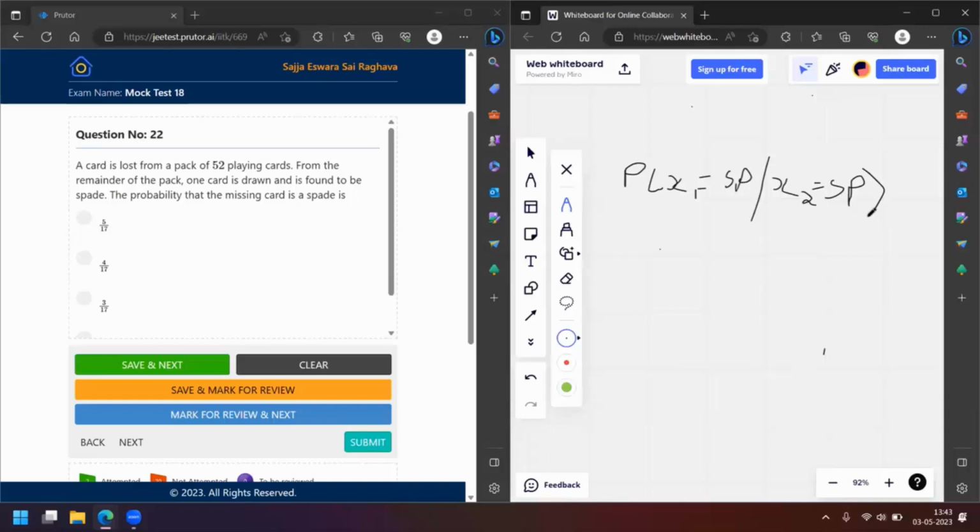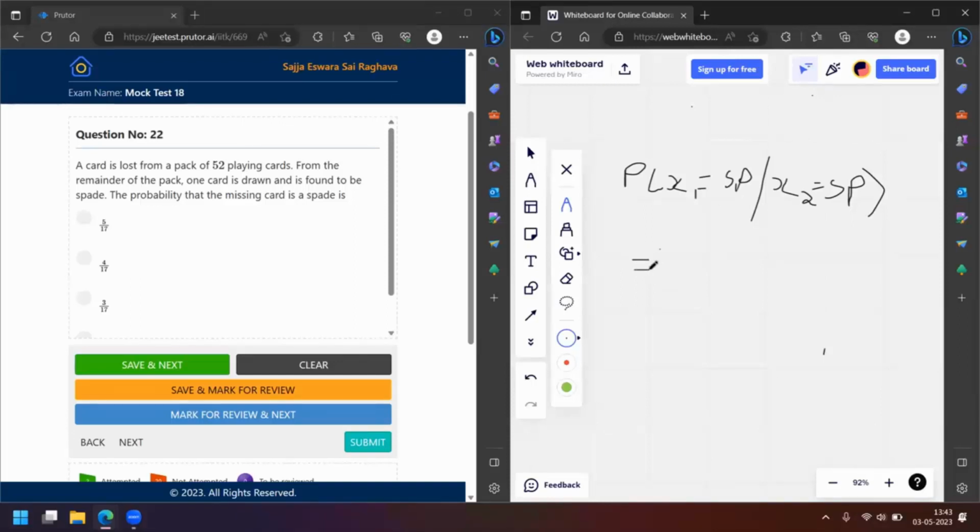Now we have 51 cards, and if we take a card from these 51 cards, it is found that it is a spade. So we have to find the probability that the missing card is a spade. So we can say the first pick is a spade and the second pick is a spade, and we have to find the probability of the first given this.